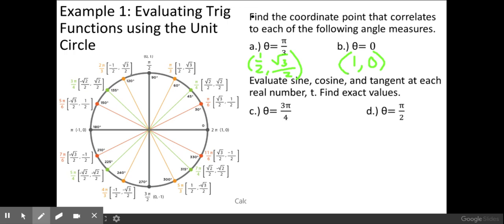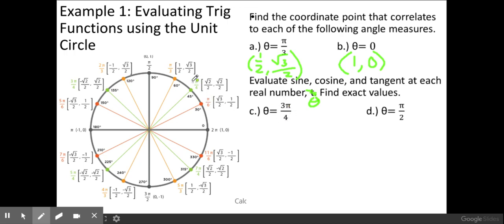Now when it says evaluate sine, cosine, and tangent at each of the real numbers theta, find exact values. What this means is first we have to find the coordinate point, and then use those definitions from the last page to write out each of the sine, cosine, and tangent for this angle.